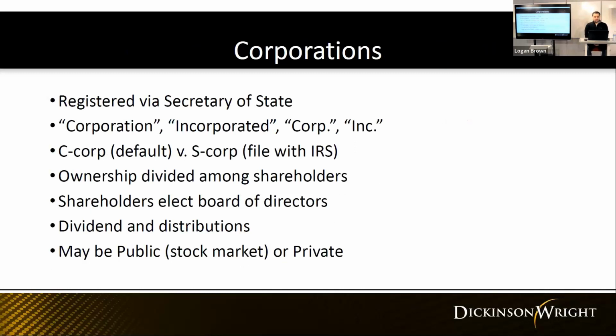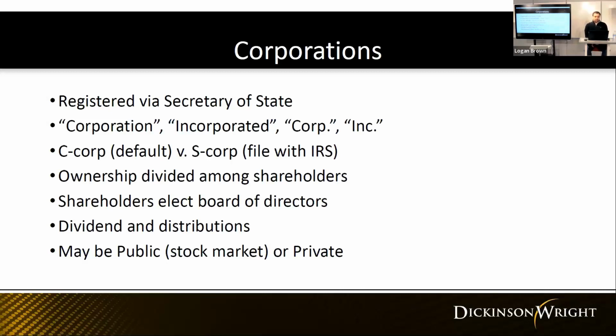There are a couple of different types of corporations. Two of those are C Corps and S Corps. They have slightly different tax rules and rules of operation. It is a conversation you should have with representation if you're going to decide which one is more appropriate for your business.